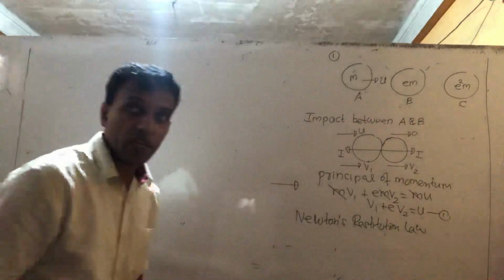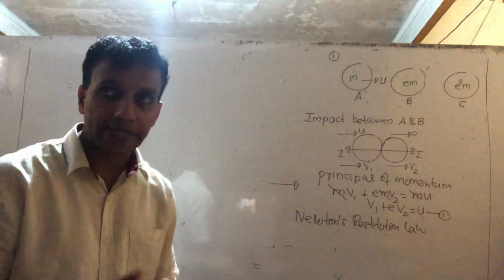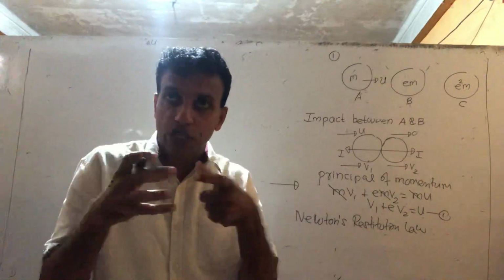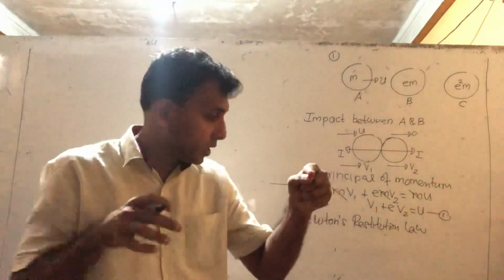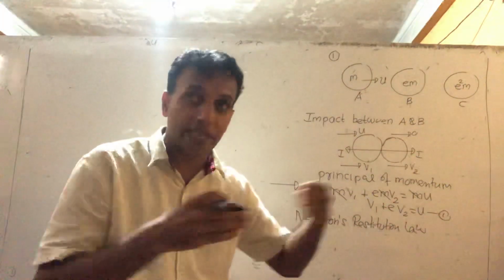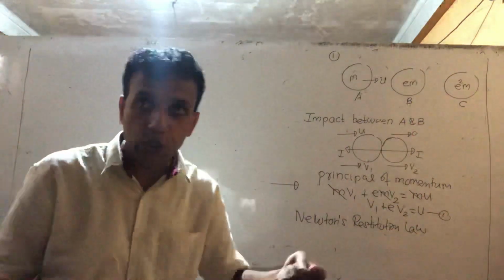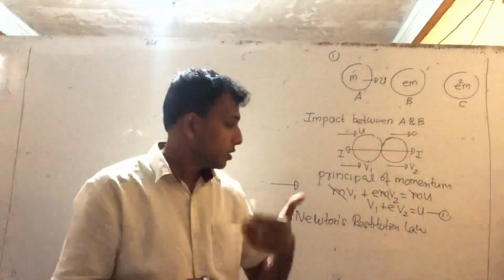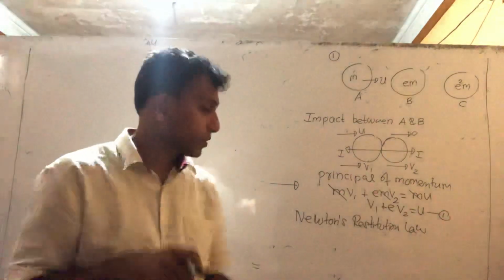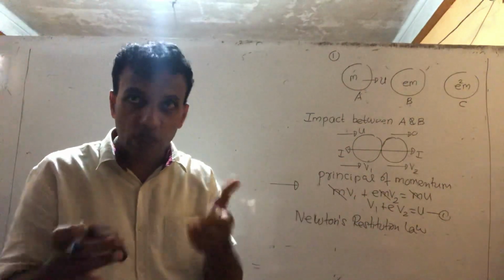I say this is the first equation. Next we apply Newton's restitution law for this first impact. What does Newton's restitution law say? When two particles collide along the common normal, the separation velocity is the coefficient of restitution e into the approaching velocity.